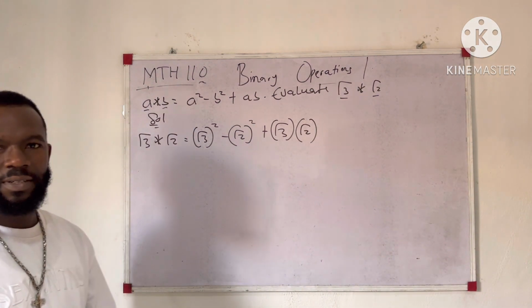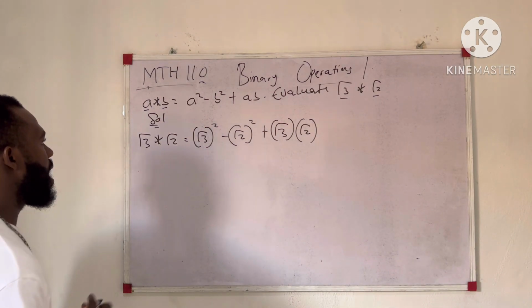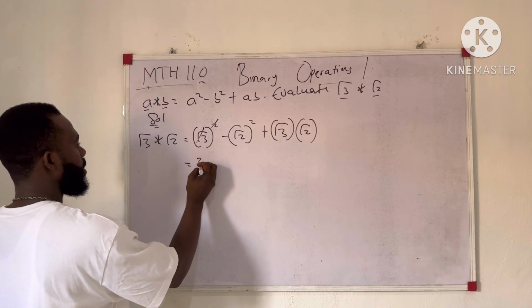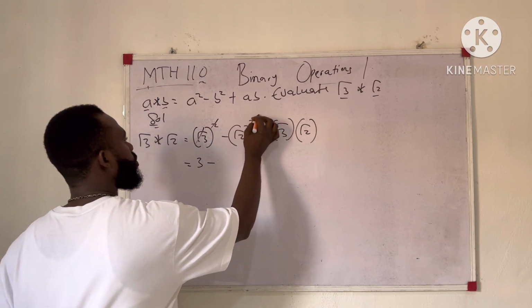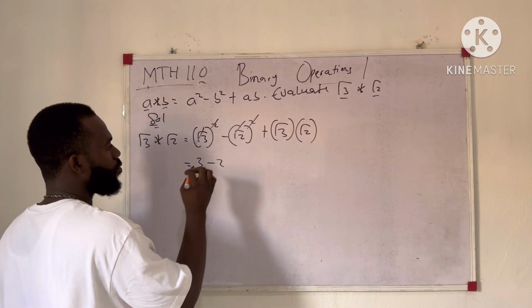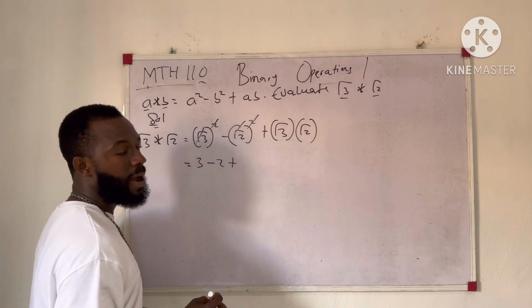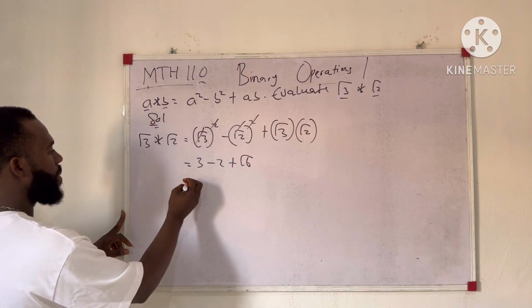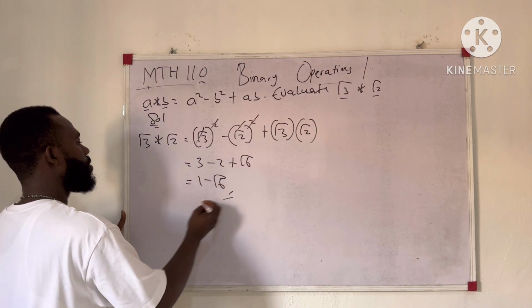Simple substitution. Now, square cancels out square roots. What do I have? 3, minus; square cancels out square roots, what do I have? 2, plus. Root 3 multiplied by root 2 gives us root 6. Class, what is 3 minus 2? 3 minus 2 becomes 1, minus root 6.